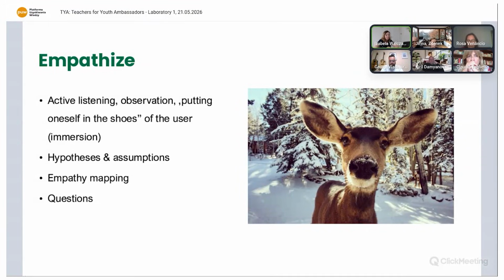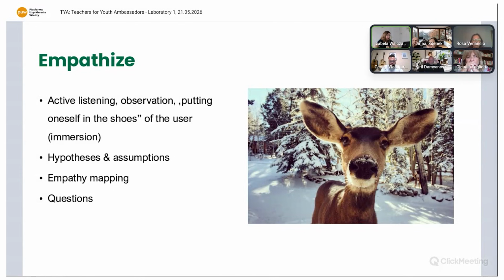But probably I would not assume that they just rush through the park because they are on their way to the lecture or to classes at the university, and they just want to walk through a nice park rather than take the street, right? So this is also one of the exercises we're going to do: to have a list of so-called hypotheses in design thinking, and assumptions, and just check them.